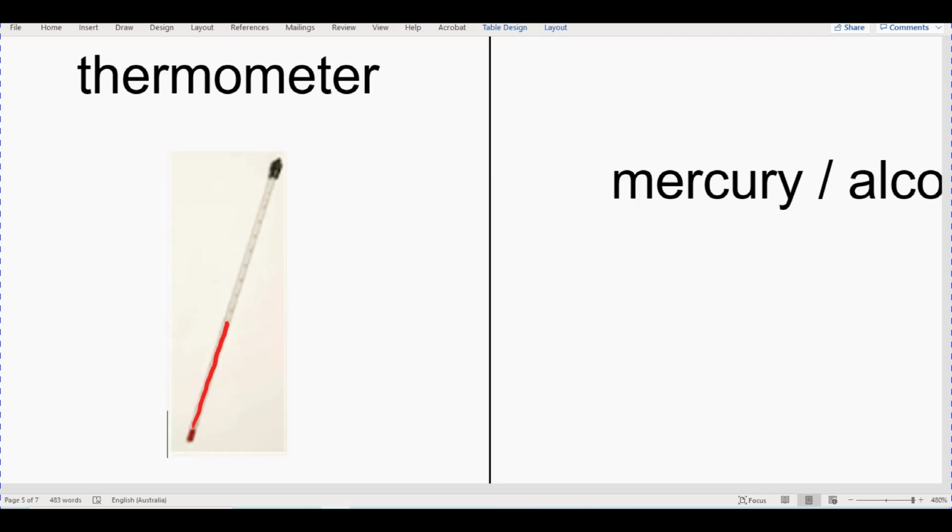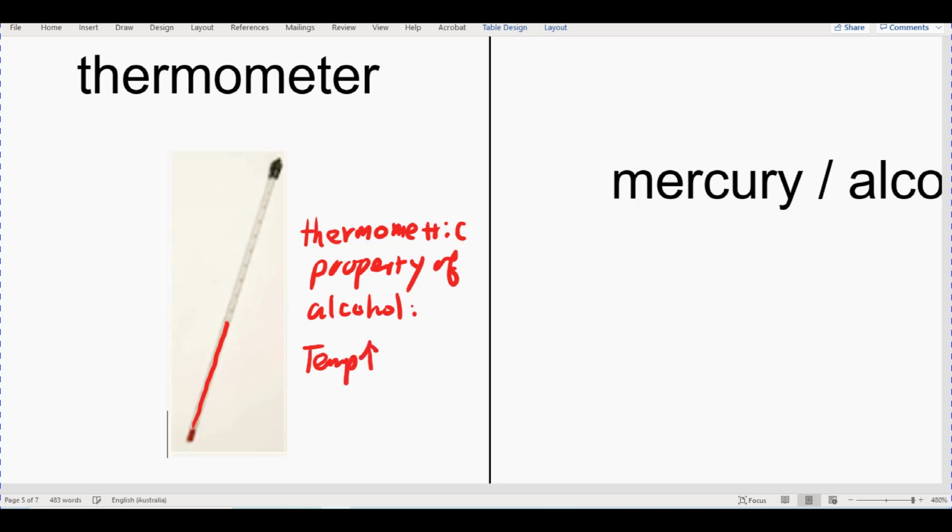All right. So the idea of the liquid in the glass is that this liquid has such thermometric property. What's the thermometric property of alcohol, for example? It's like when temperature increases. So we understand the thermal expansion, right?